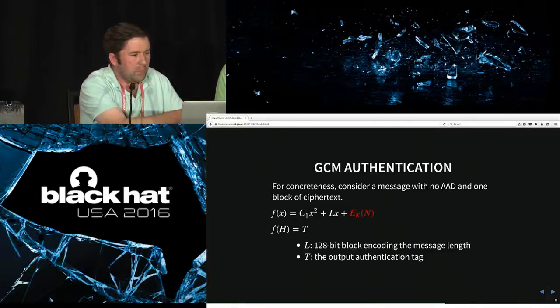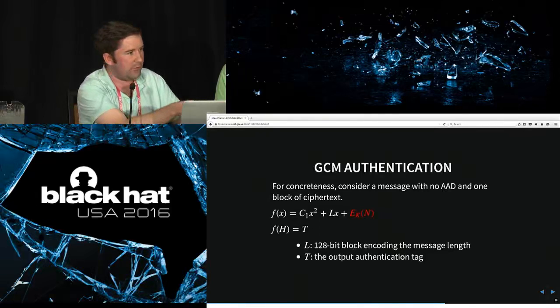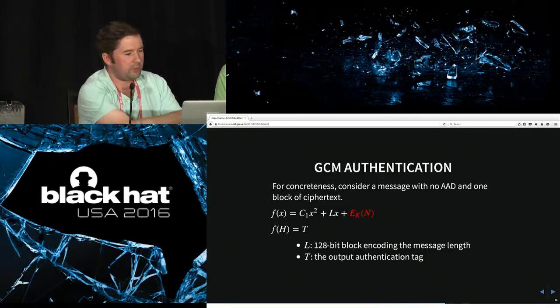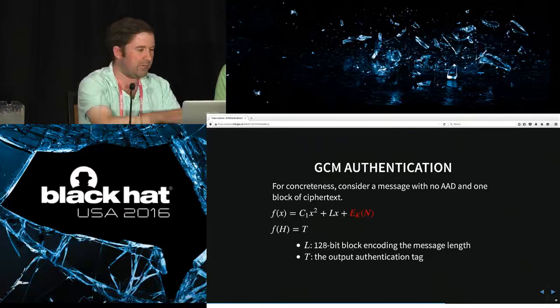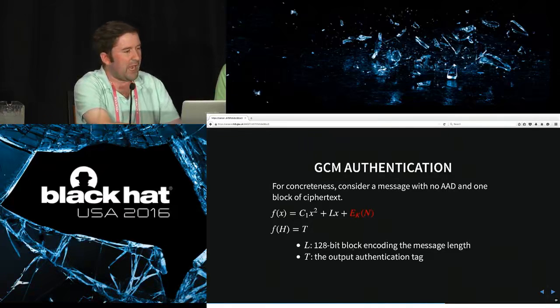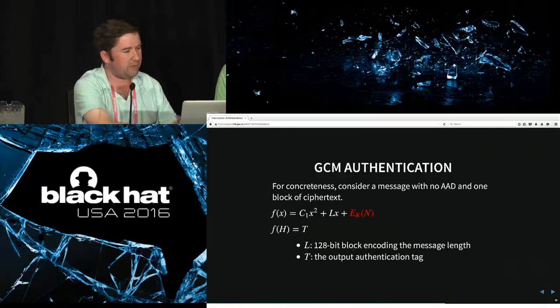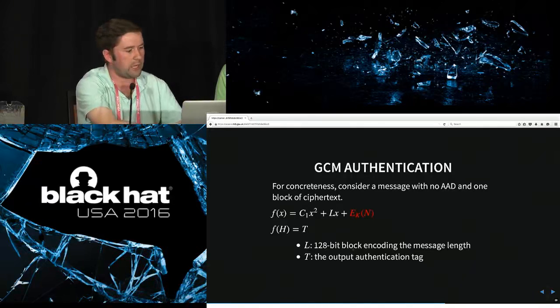And then the constant coefficient we get from that nonce-derived value that we use to mask the polynomial. Recall that that's just the encryption of the nonce. I have that highlighted in red to emphasize that this is a secret value, so the attacker doesn't know what the mask is. That's going to be important in a little bit.